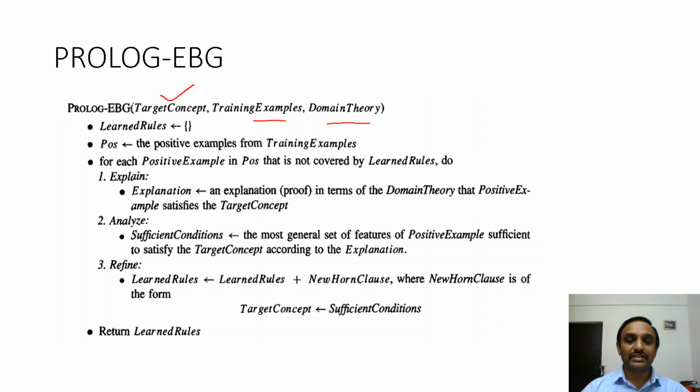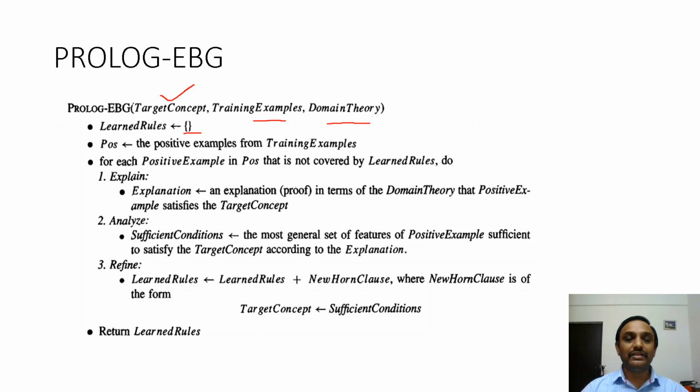After that, the last step is refinement. Refinement is the rule which covers the positive example. That rule we have to add to our learned rule set. Initially we are taking learned rules as the empty set. By considering each positive example, the rule which satisfies that positive example we are adding to the learned rules.